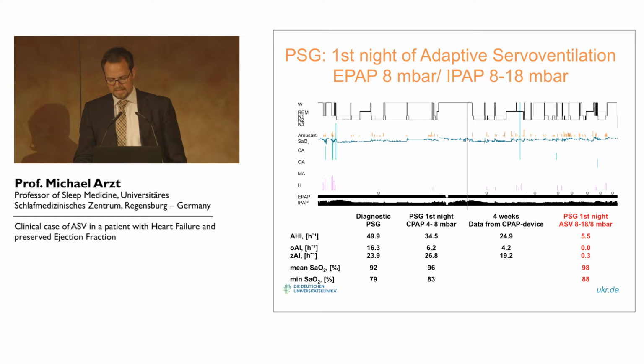So it was more effective 4 weeks later, but there was still a residual AHI of 24. That's why we put the patient finally on ASV, which was a full suppression of apneas and hypopneas.